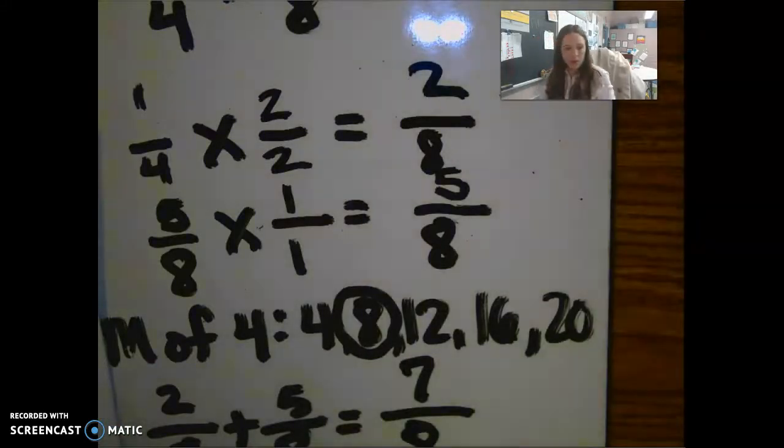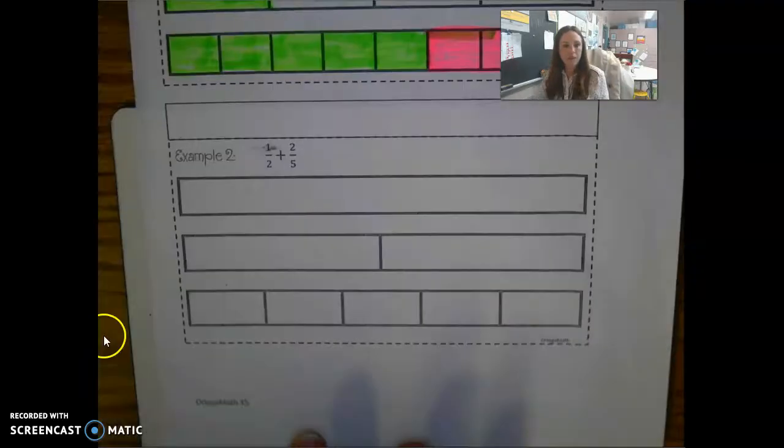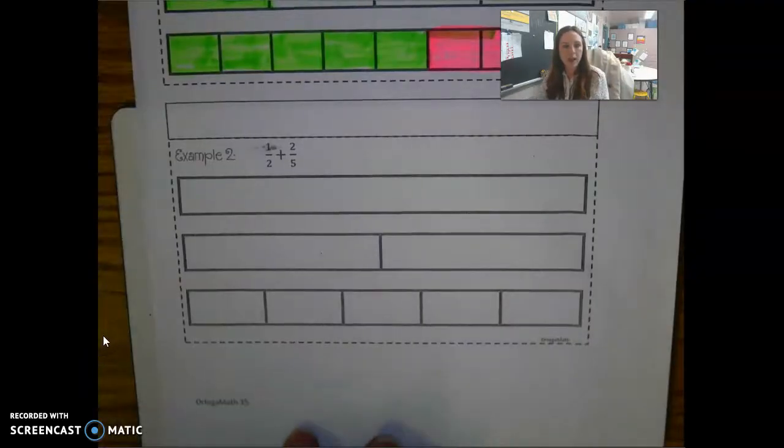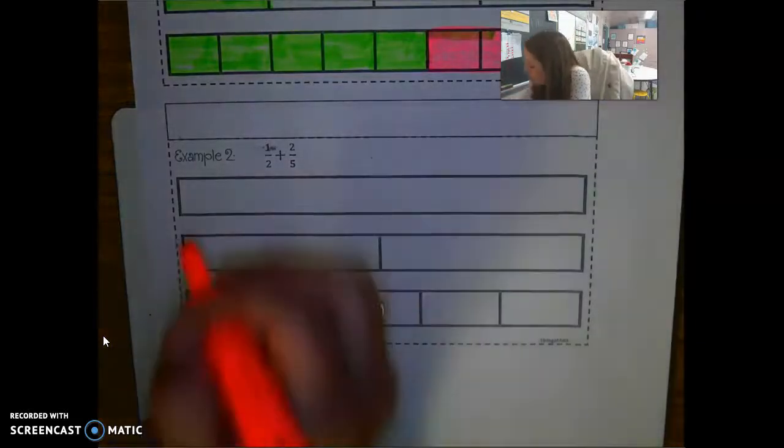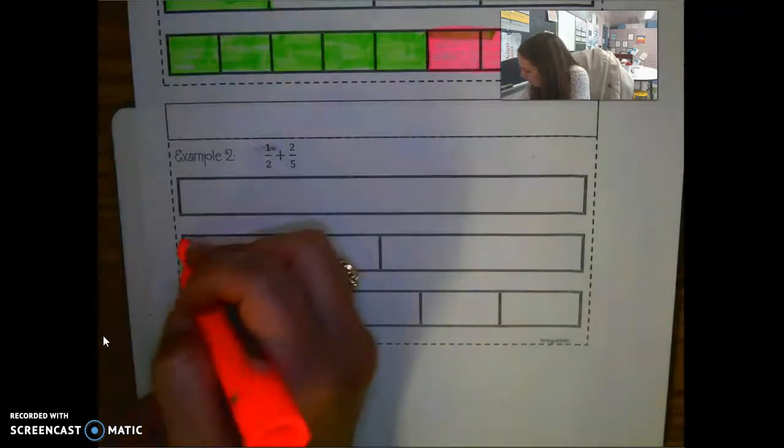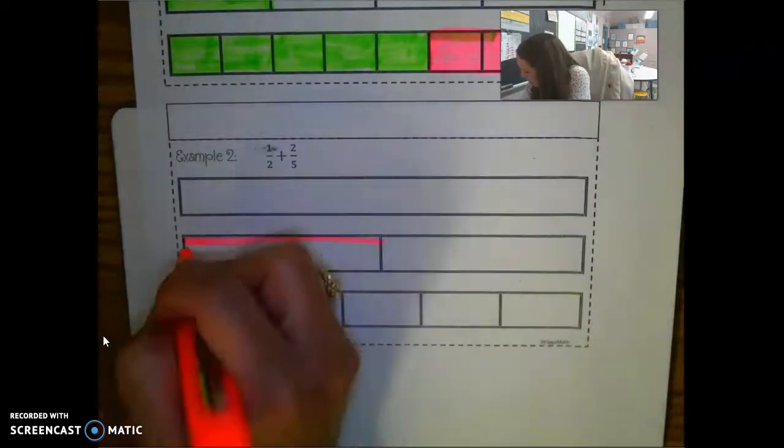I'm going to erase. Okay, let's take a look at our next one. 1/2 plus 2/5. Okay, so let's color our 1/2. 1 out of 2.